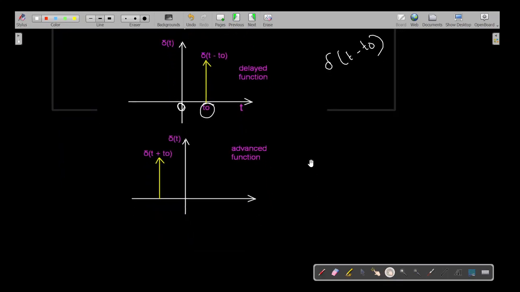For the advanced function, when does it occur? It occurs earlier than 0, which means at negative values. So it occurs at minus t naught, but it is represented like del of t plus t naught. So this is the advanced function.